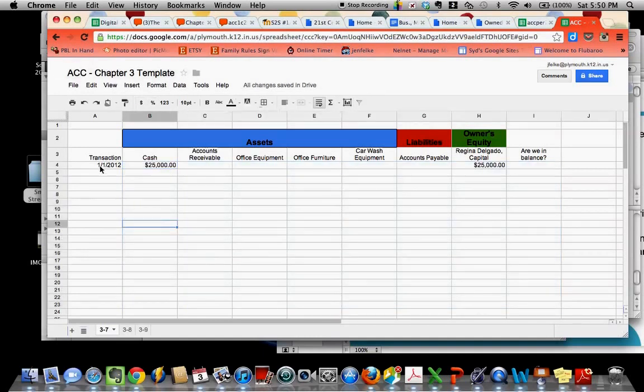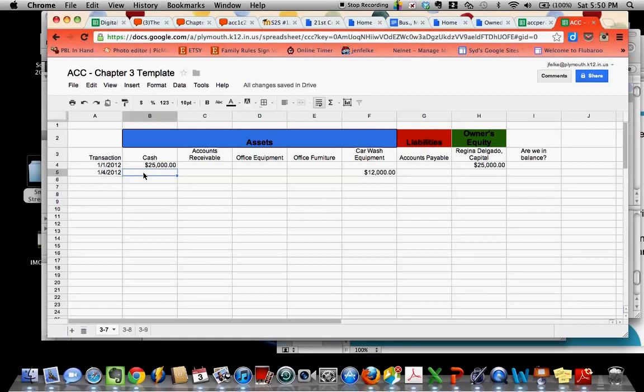There we go. Okay, let's go ahead and look at January 4th. We bought car wash equipment with cash. So if we buy car wash equipment that is worth $12,000, we are receiving that. That is an asset and that will go up. However, we are using cash to pay for it.